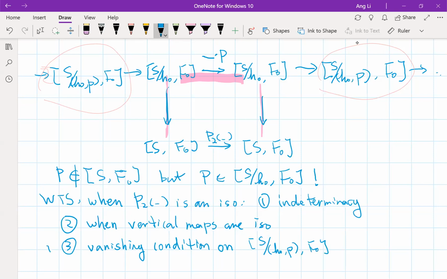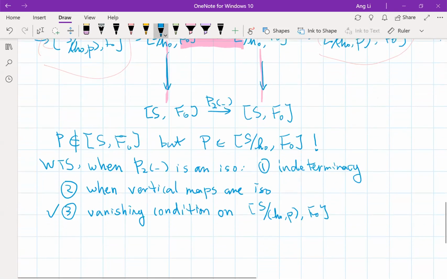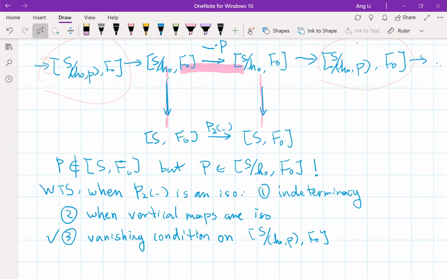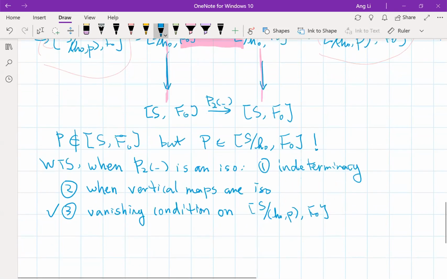And this is what I would like to talk about today. So if I get the vanishing condition here, then I know multiplication by P is an isomorphism, plus when the vertical maps are isomorphisms, then I get the fourth edge of this square. So that's the result we want. And Krause computed the vanishing condition on this group and then deduced the result.